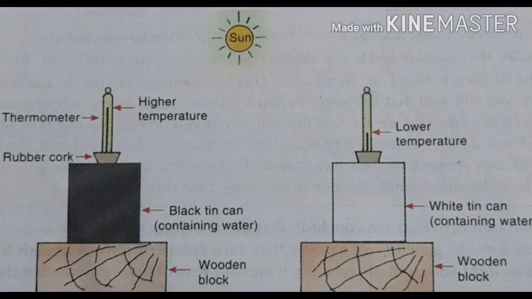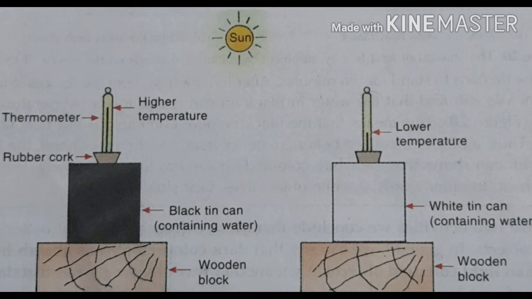Pour equal amount of water in both the tin cans and fix thermometers in them with the help of rubber corks. The initial temperature of water in both the tin cans are noted. Their initial temperatures will be exactly equal.